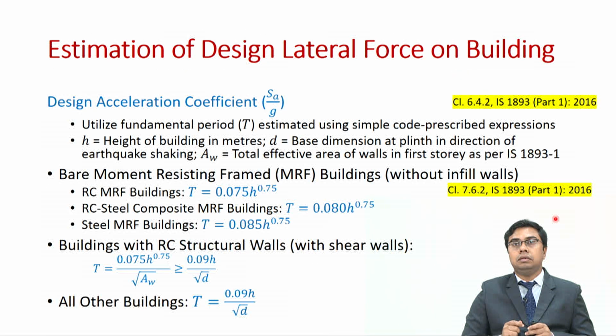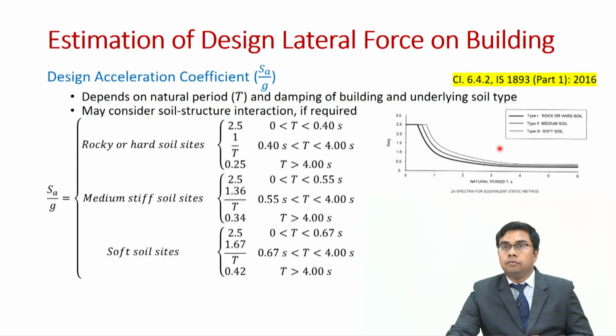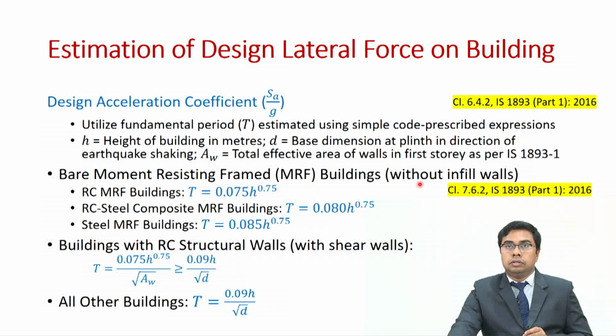In this case you also observe that we will need the natural period of the building. Now in order to obtain the natural period of the building, code gives simplified expressions. The simplified expressions are given over here. These have been adapted from code, particularly clause 7.6.2. For example, for reinforced concrete moment resisting frame building, we have a natural period which is given by this expression.